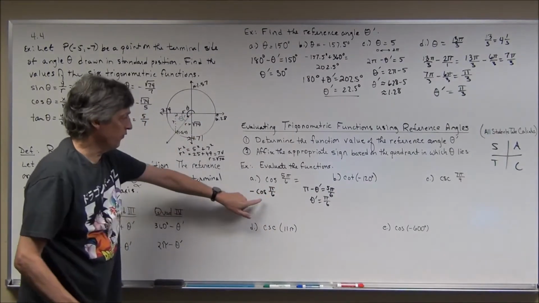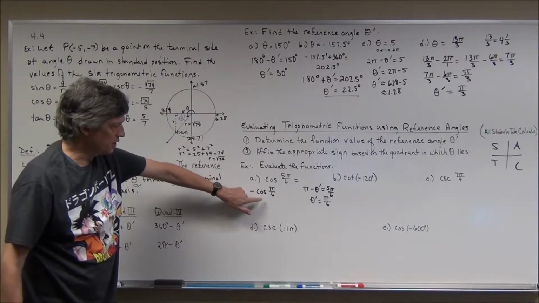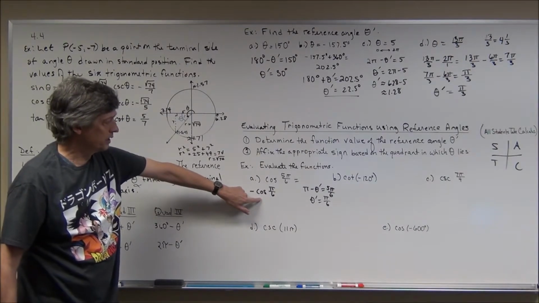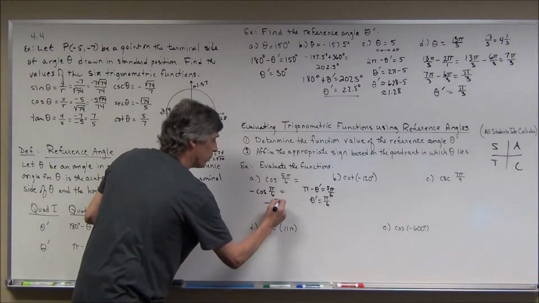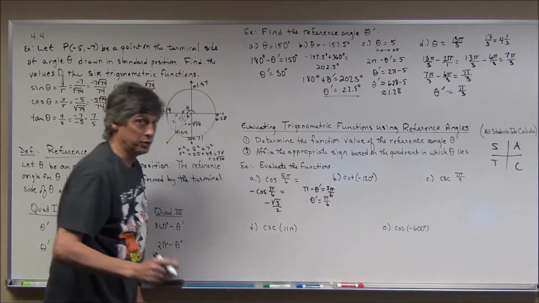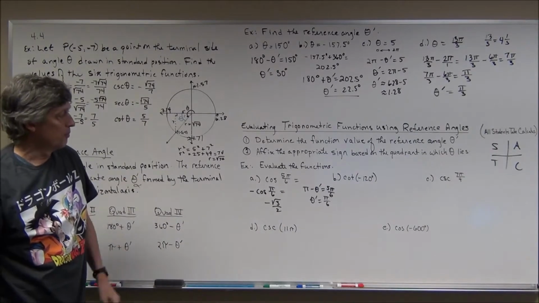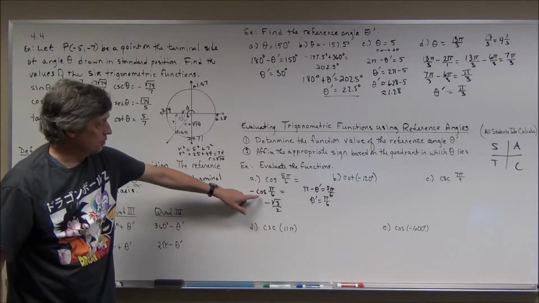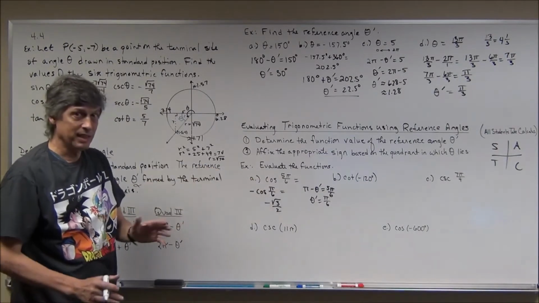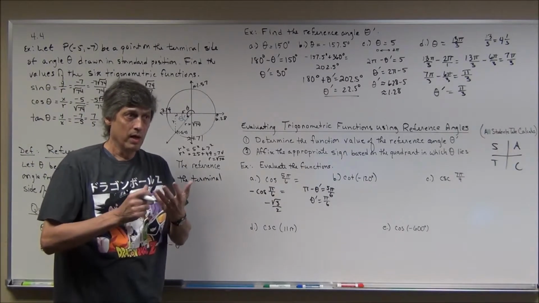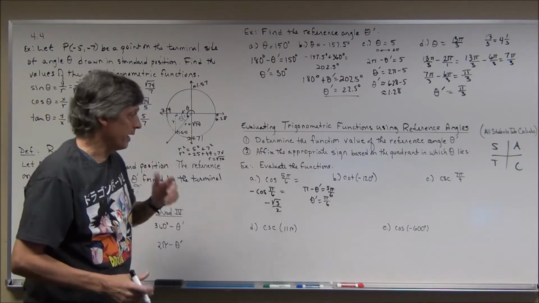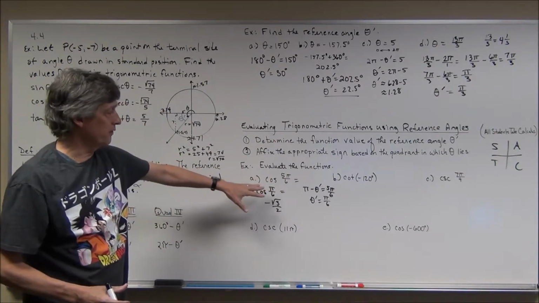And this is from earlier in the section here. The cosine of pi over 6 is the square root of 3 over 2. So this is equal to negative the square root of 3 over 2, which you should have already had memorized, as I mentioned before. So that's how you can use the reference angle and basic knowledge on pi over 6, pi over 4, pi over 3, and of course 0 and 2 pi to evaluate these trig functions.